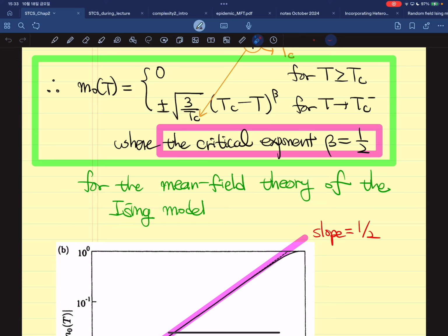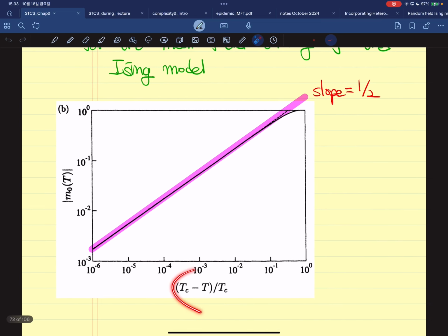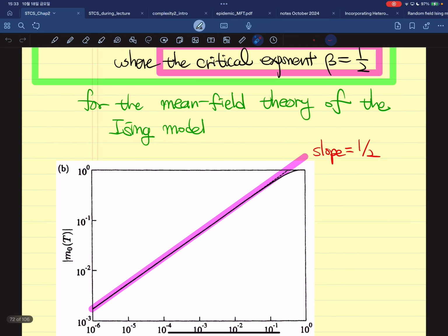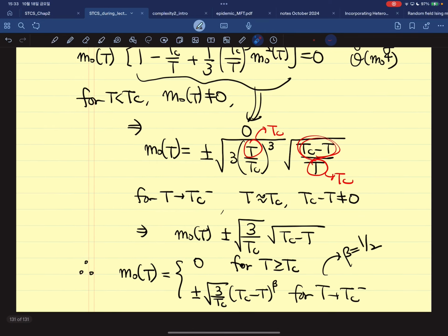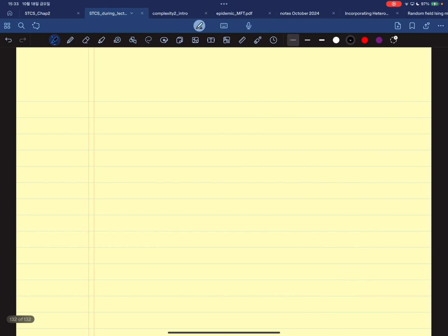And of course, if you plot Tc minus T over Tc on the horizontal axis, and the absolute value of m, as I emphasized here, and take the log scale plot, we will have a slope of 1/2 here. It means that m(T) is some constant times the square root of this one.